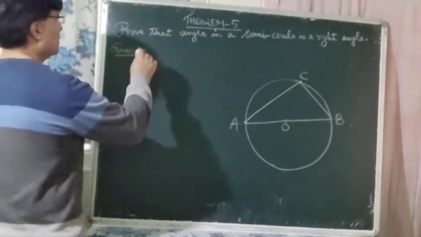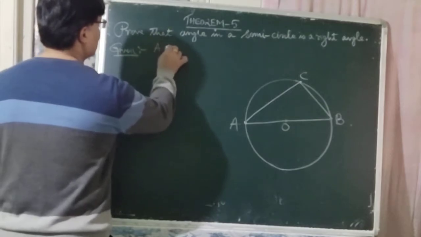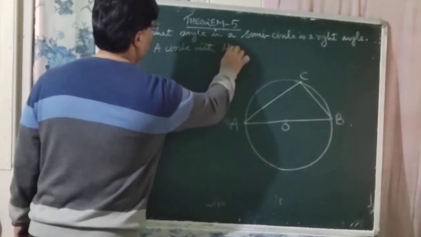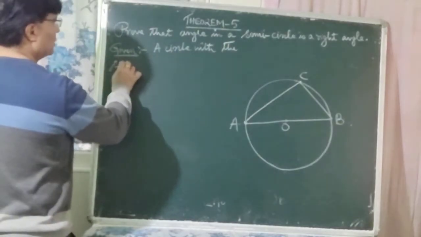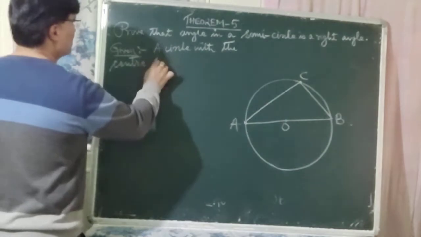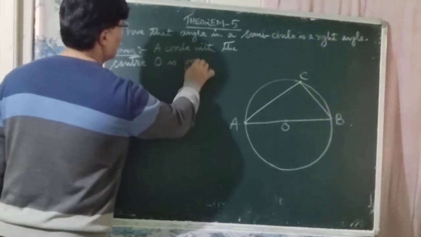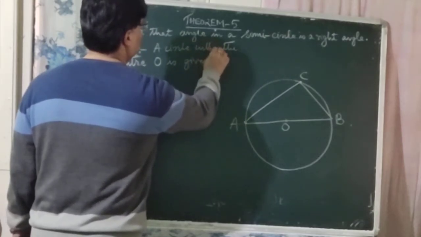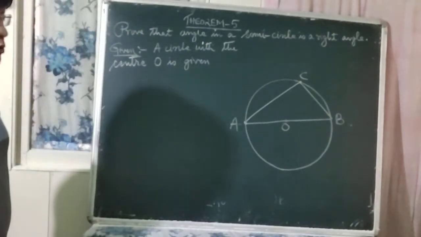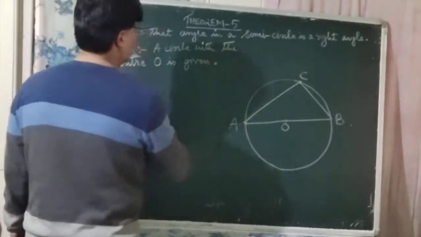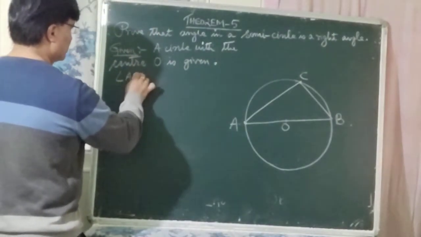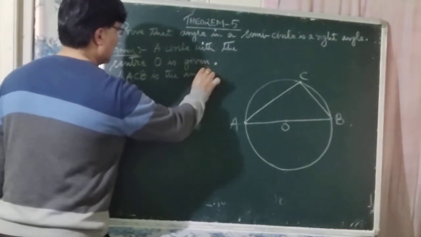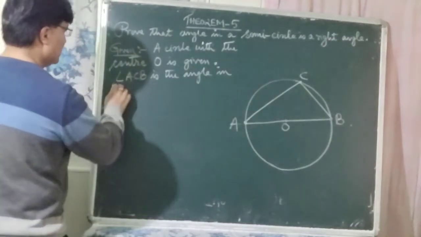Given a circle with the center O is given. And angle ACB is the angle in the semicircle.